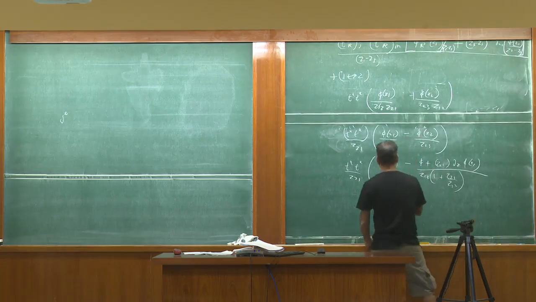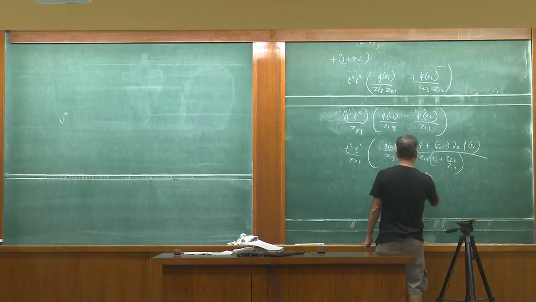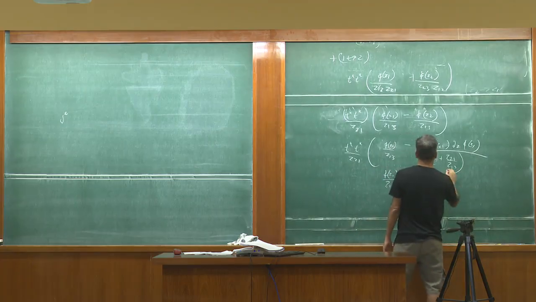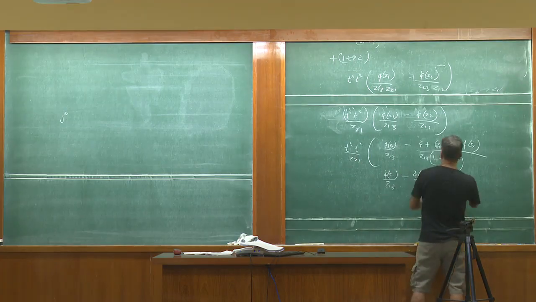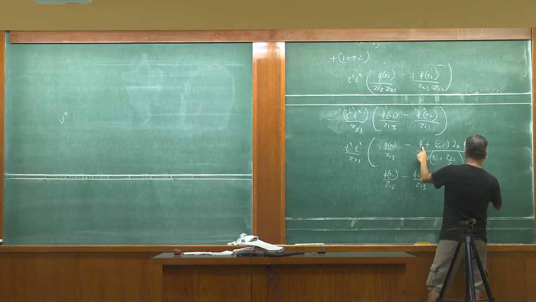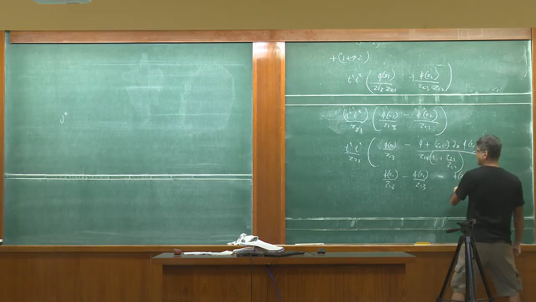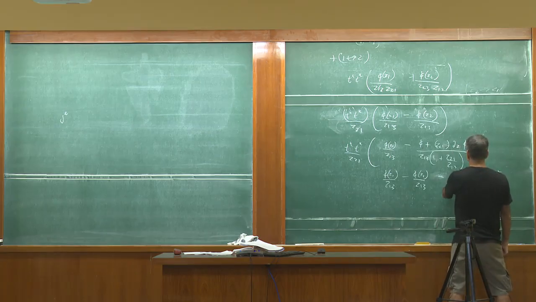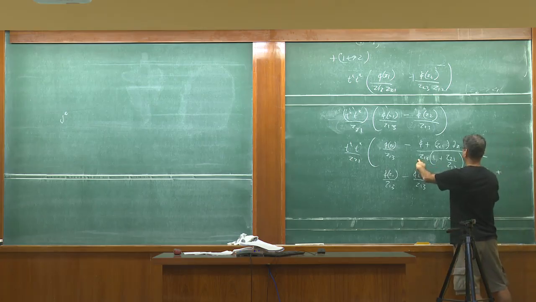So this gives phi Z1 by Z13 minus phi of Z1 by Z13, that cancels, plus phi of Z1 times this guy with a minus sign, Z21 by Z13, and then plus that Z21 by Z13, and there was a Z13 here.